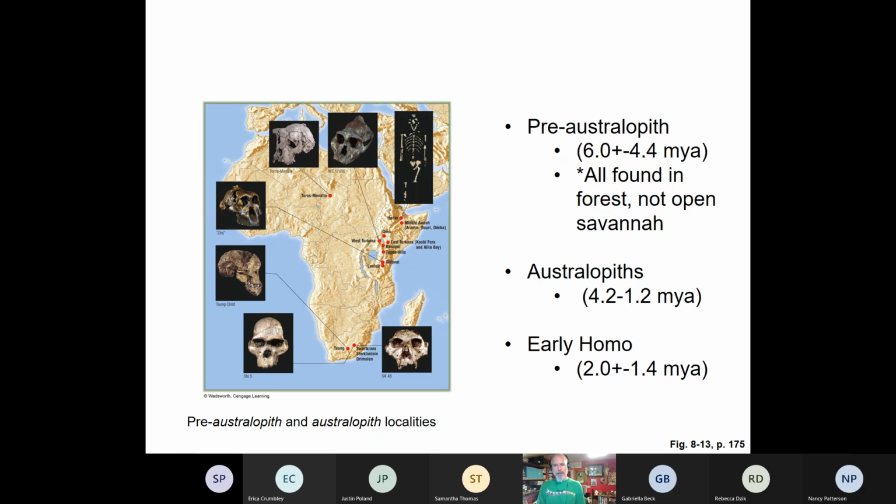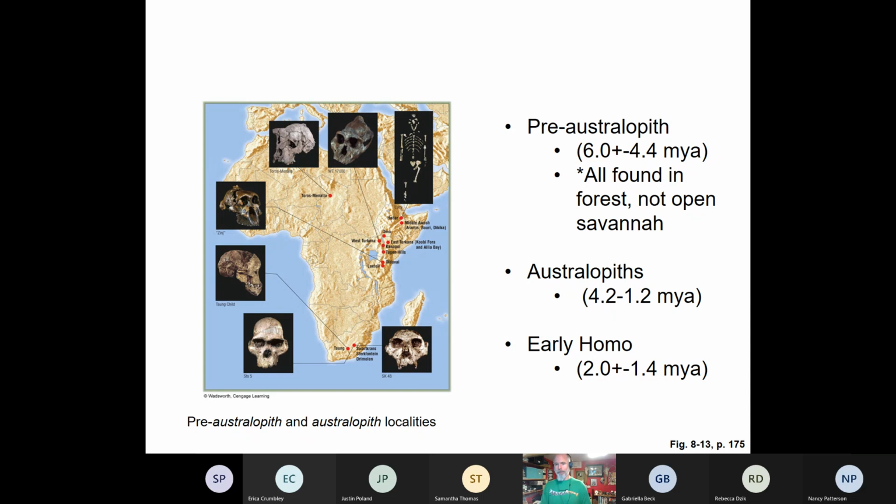So not in the savannah, meaning that they were most likely living partially in the trees and partially out of the trees, which is one of the theories about how we became bipedal, that we started to walk in balance in the trees bipedally by holding on to branches above us. And so we talked about different theories about how bipedalism evolved, and most of them are associated with arboreal lifestyle, living amongst the trees. So these pre-Australopithecines were definitely coming out of the trees, I guess you could say, because they were found around the trees.